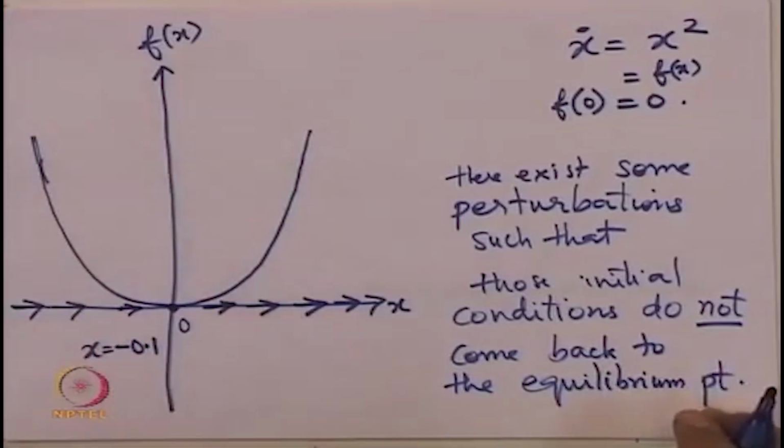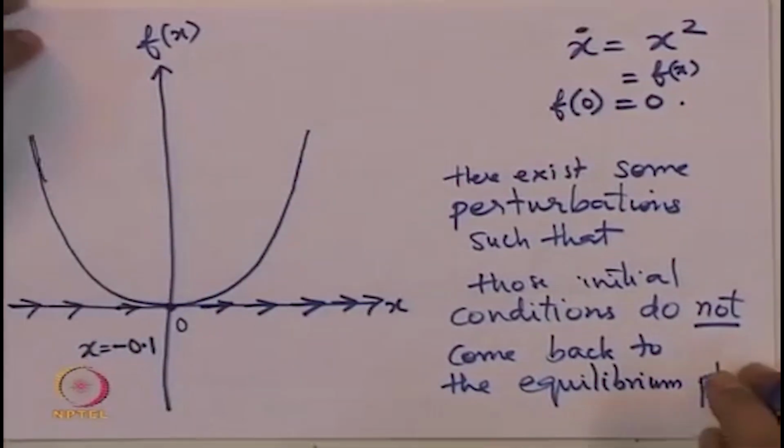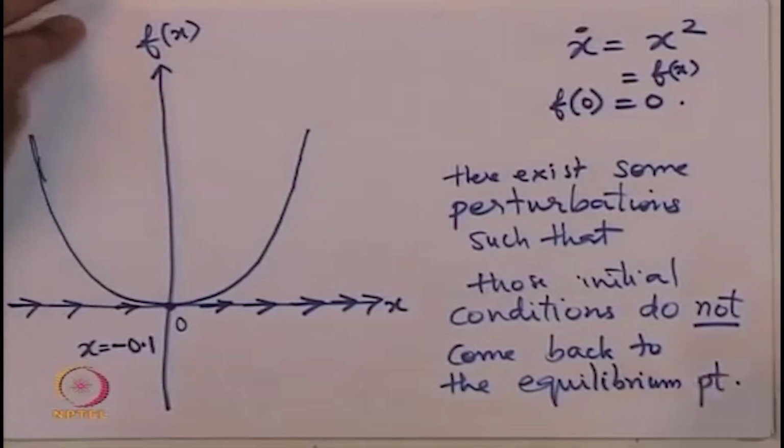So, in such a situation, we are going to say that this equilibrium point is unstable.